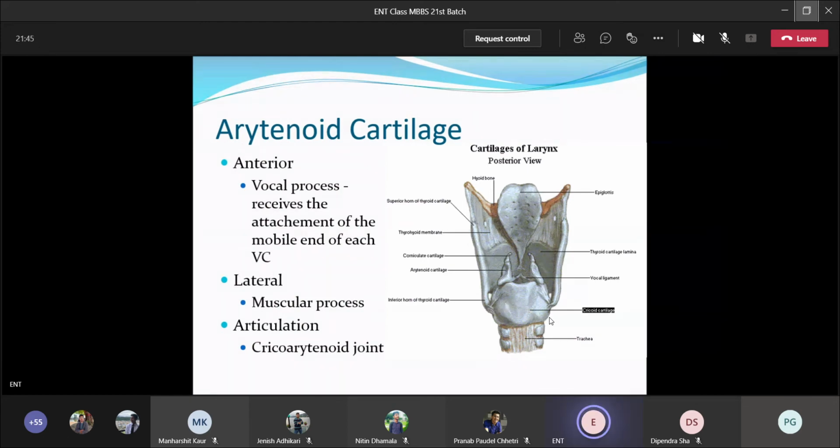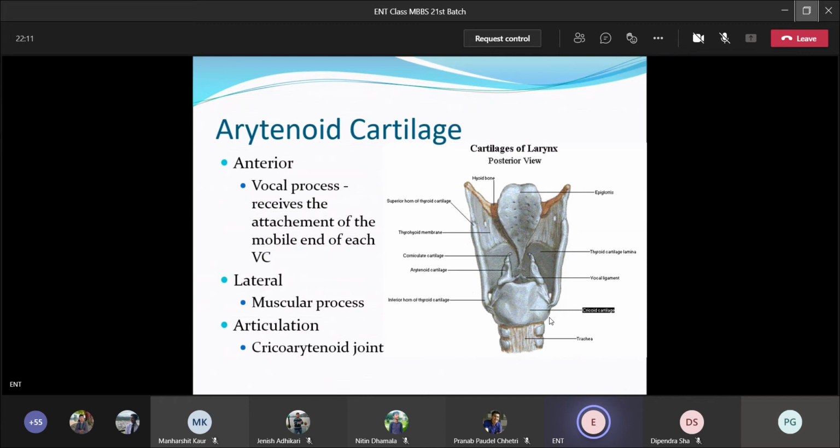Now in the diagram, the cartilages of the larynx are shown in posterior view. Above is the epiglottis, then hyoid bone, then thyroid cartilage lamina, then vocal ligament, then cricoid cartilage, then trachea.